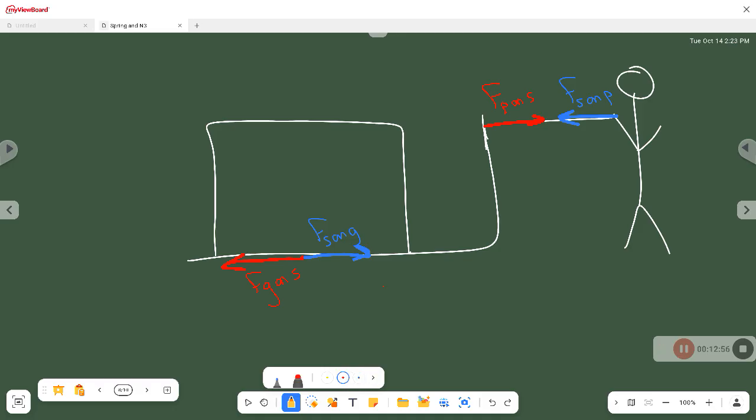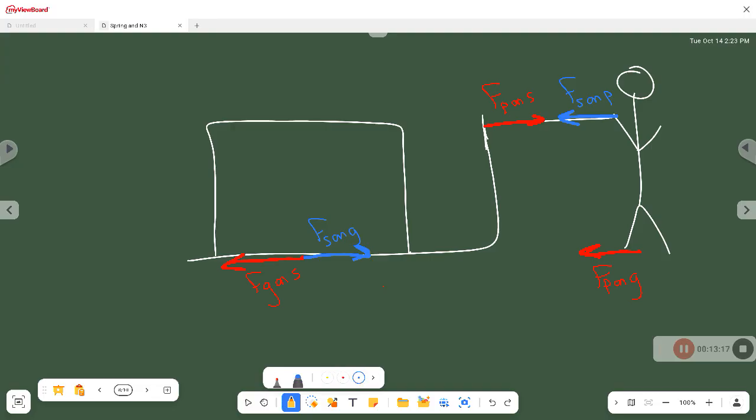Or you could talk about the force between the guy and the ground. When he's walking forward, when you take a step, you're actually pushing backwards with each step. Your force is backwards from the direction you're walking. So this is the force of the person on the ground.